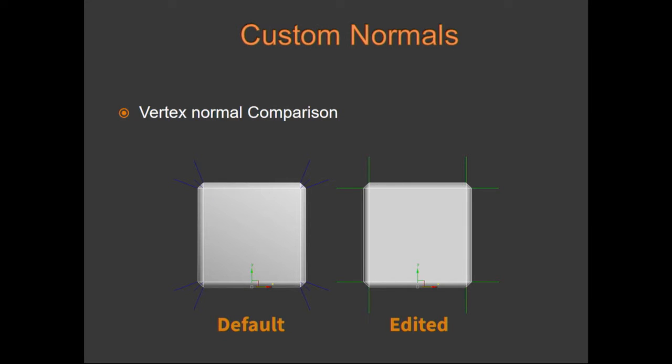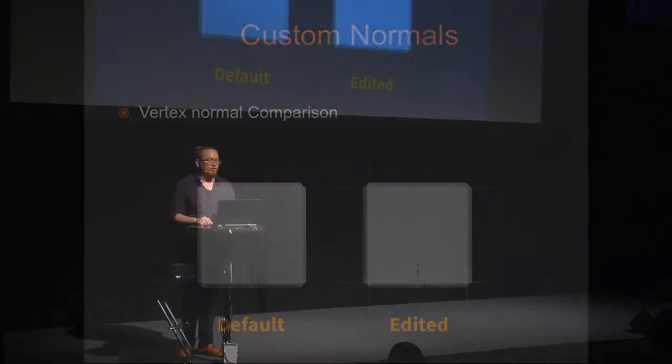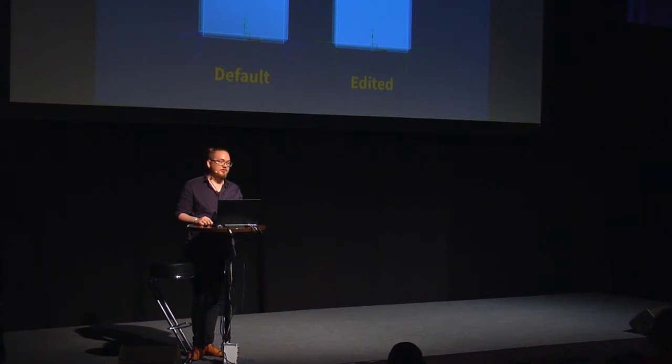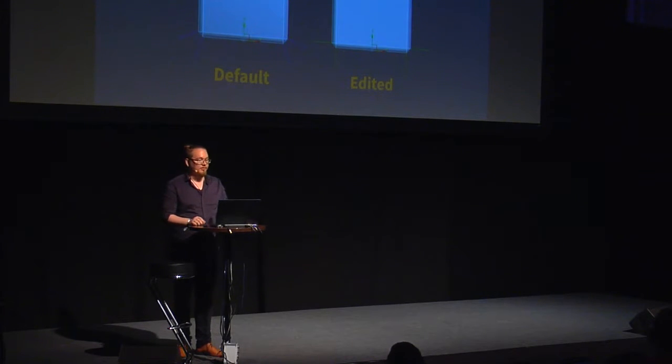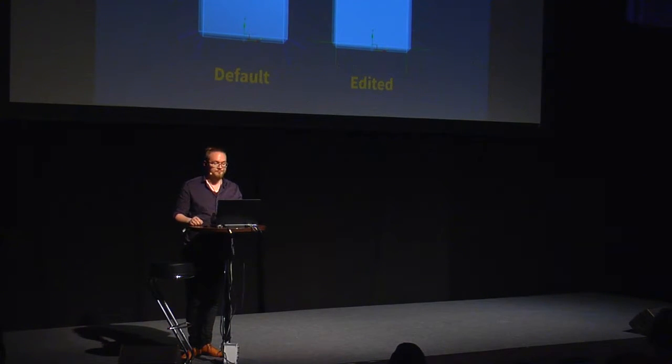And here's the comparison of the vertex normals of the two cubes you saw. So on the left is the one with the default vertex normals, and on the right, the one after we have edited it. And as you can see, the default kind of makes a sphere, a round shape with these vertex normals. And this is generally what causes the gradients, or kind of the light bleeding throughout the edges, making the cube look kind of blobby.